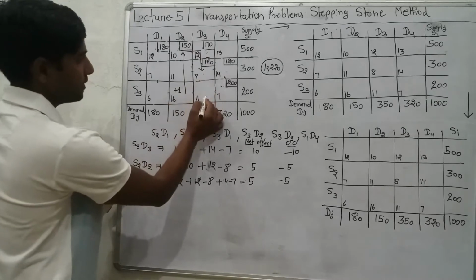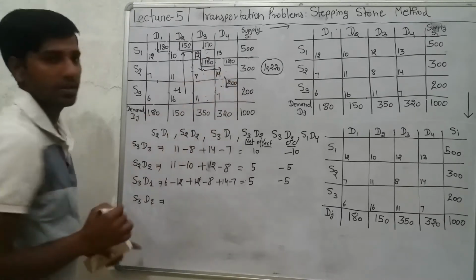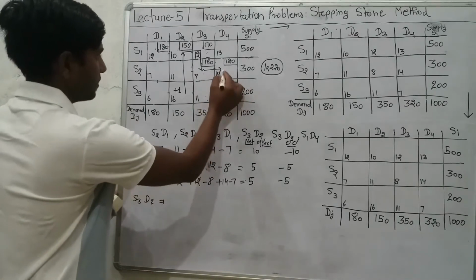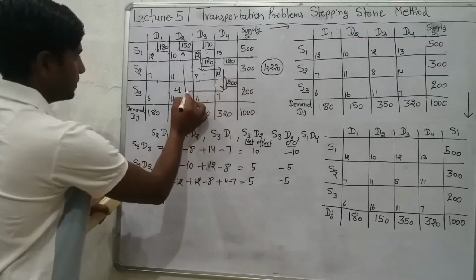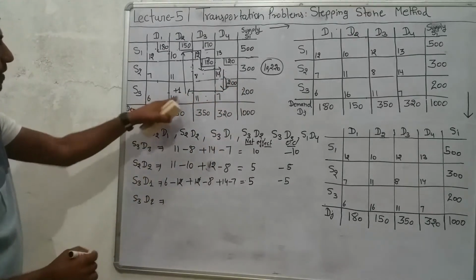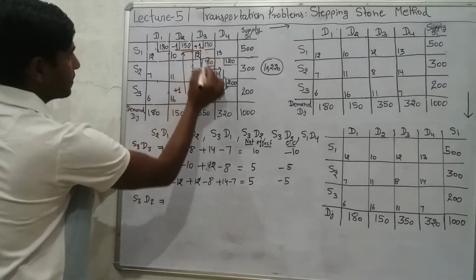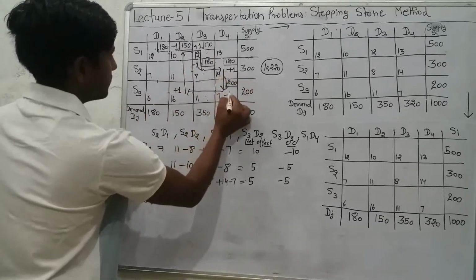There is no occupied cell, so you can't go ahead. Just take a horizontal turn again, then a vertical turn and come back home. So +1, -1, +1, -1, +1 and -1.